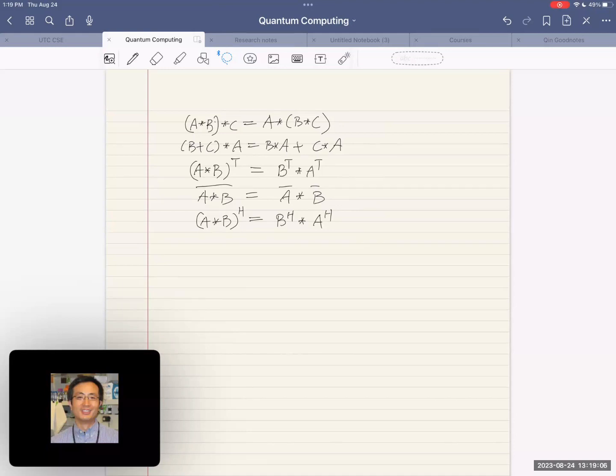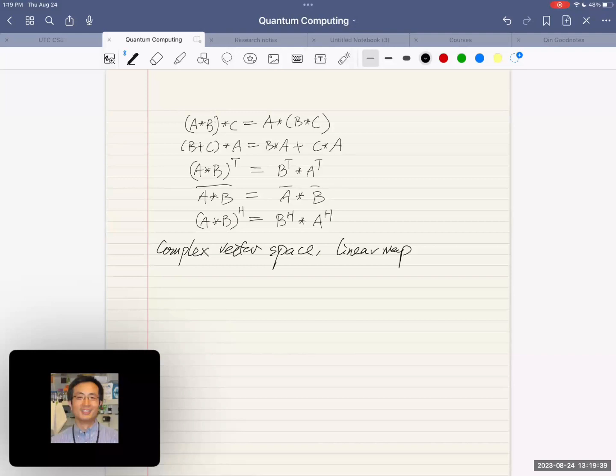With these rules, we then have the so-called complex vector space, which is a linear map, basically, which is a linear vector transformation.